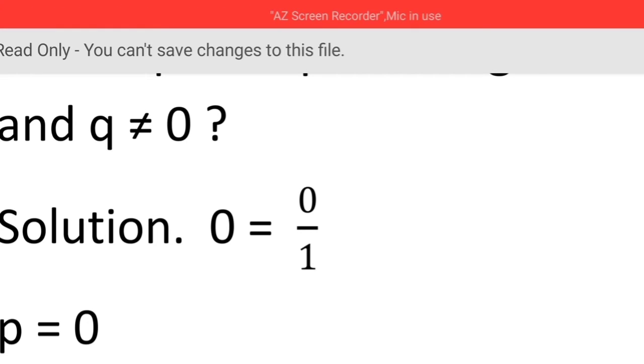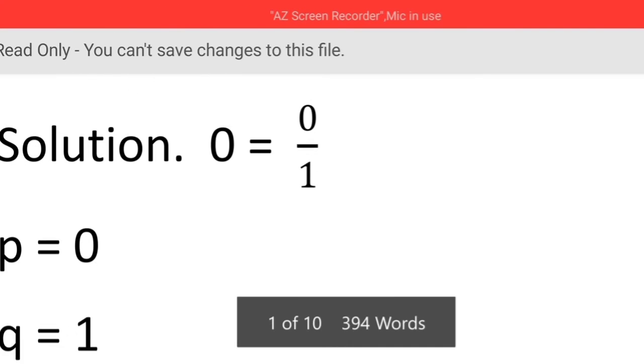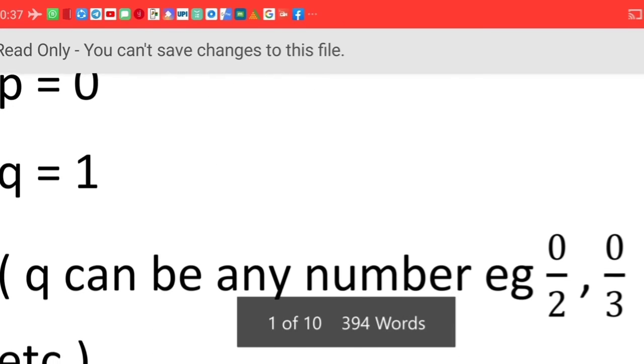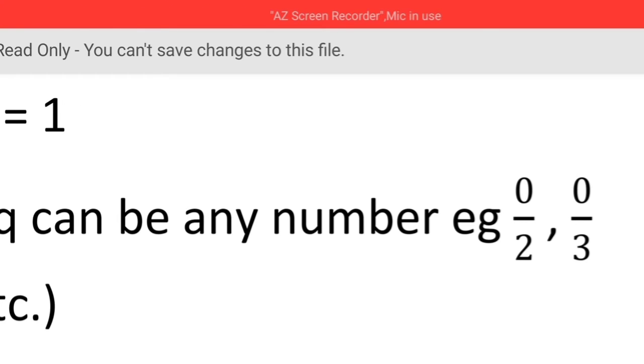So the answer is yes, because we can write 0 in the form of P by Q, where P is equal to 0 and Q is equal to 1. There is another point: Q can be any number, not just 1.